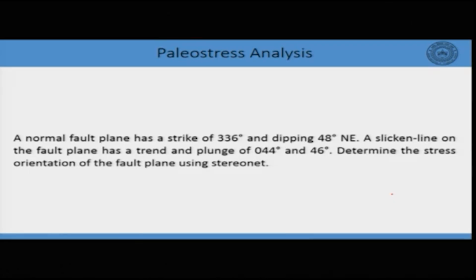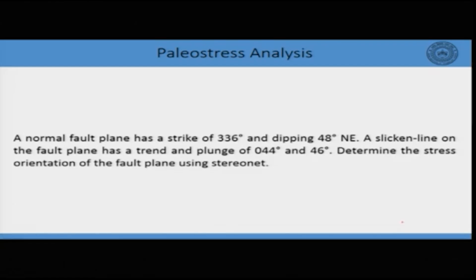We know that the fault is normal, the strike of the fault is 336 degrees and it dips 48 degrees towards the northeast, and the striation on the fault plane has a trend of 44 degrees and a plunge of 46 degrees. We will use the stereonet to determine the stress orientation, basically sigma 1, sigma 2 and sigma 3.